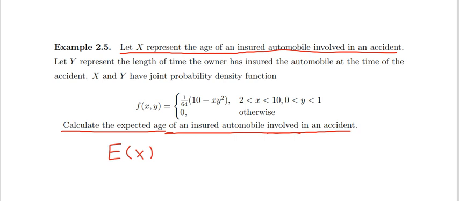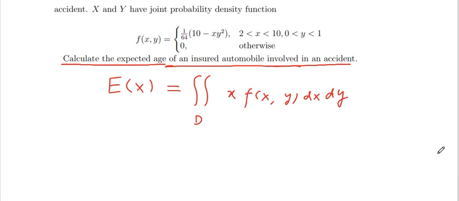We have the density function, so it is actually very easy. E[X] is the integral of x times the density dx dy. For the double integration, we change to single integrations. We check x from 2 to 10, dx, and for fixed x, y is always from 0 to 1.